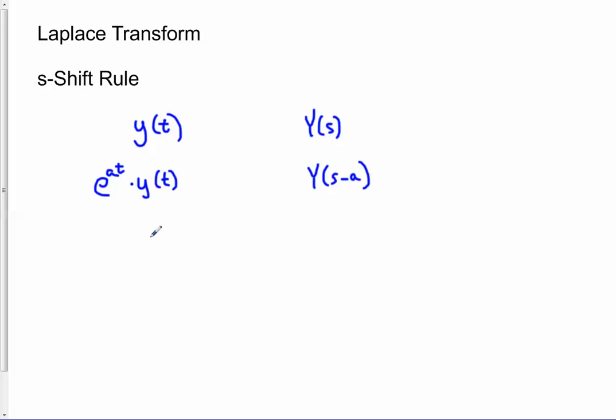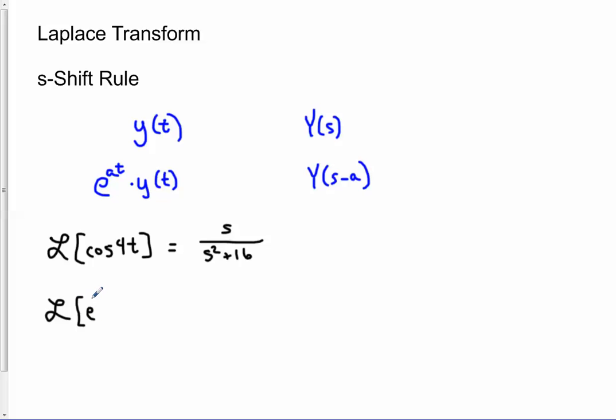As an example, since we know that the Laplace transform of, let's say, cosine 4t is s over s squared plus omega squared, but omega here is 4, so 16, then without any real additional work, we would know that the Laplace transform of e to the 7t times cosine 4t would just be s minus 7 over s minus 7 squared plus 16.